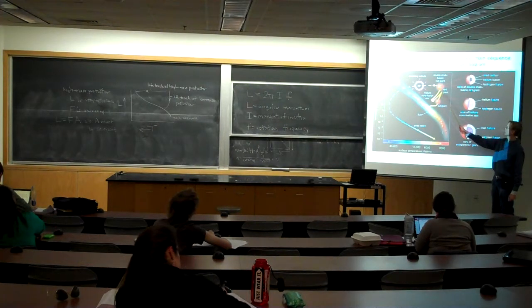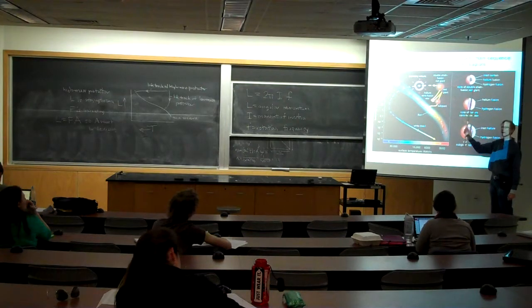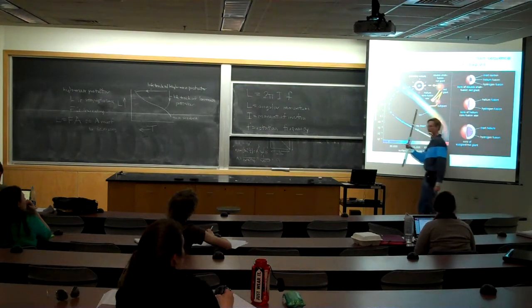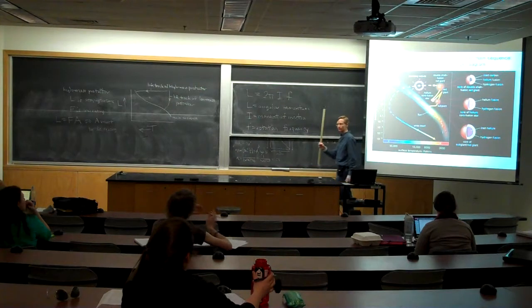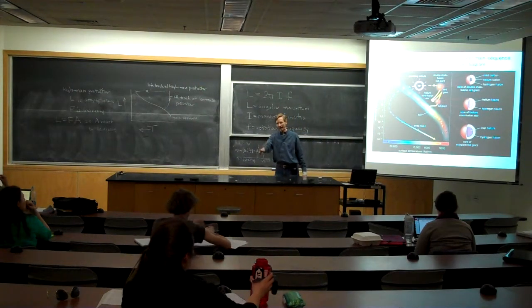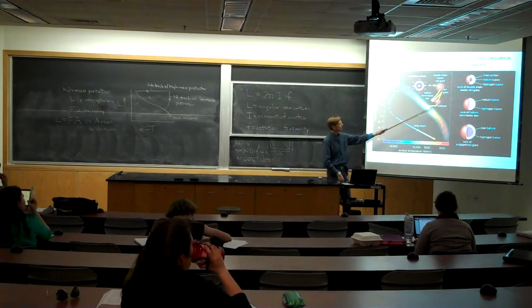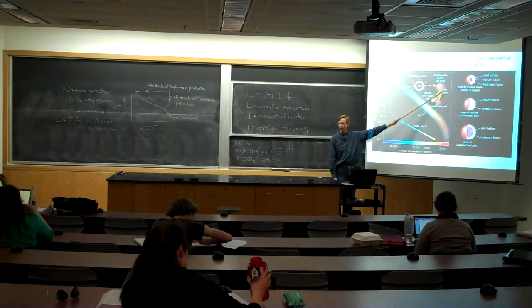This point right here isn't labeled per se on the diagram, but what happens at this point right here? What ends the sun's red giant stage? Helium flash, right. So at this point right here, the helium flash occurs.